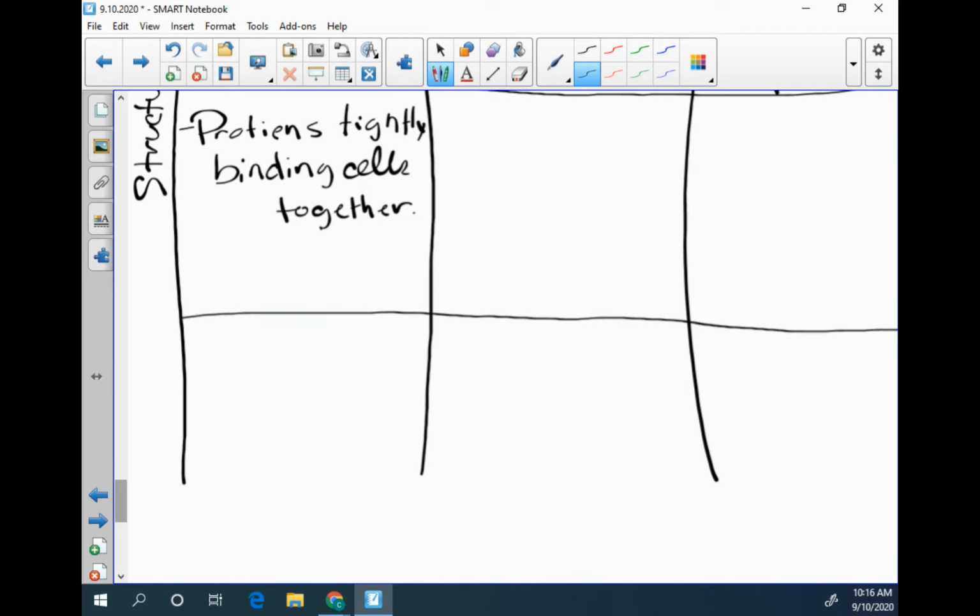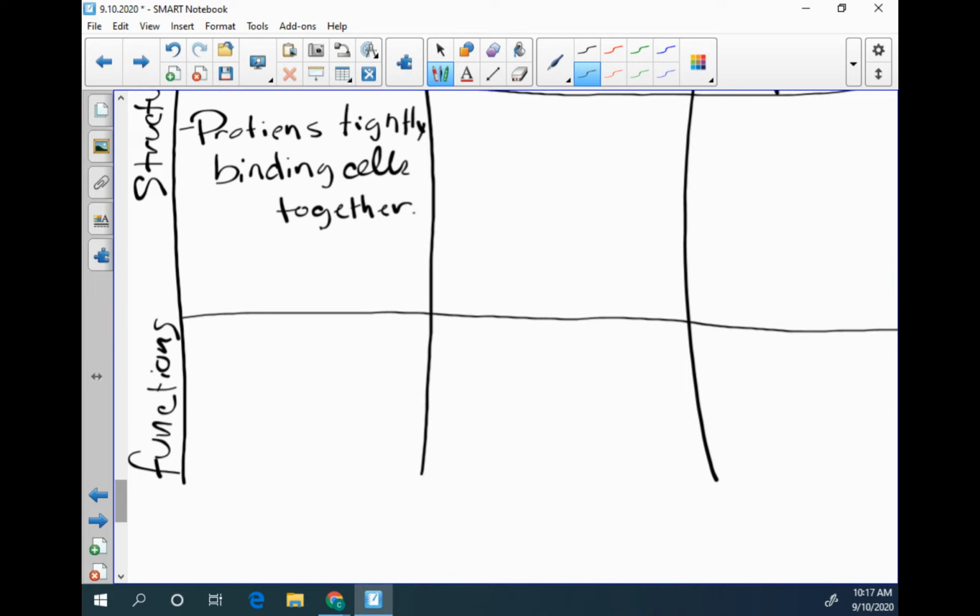We also have our functions. These act as a barrier so extracellular fluid doesn't leak across the layers, especially in epithelial cells.